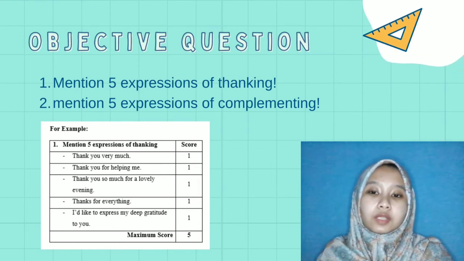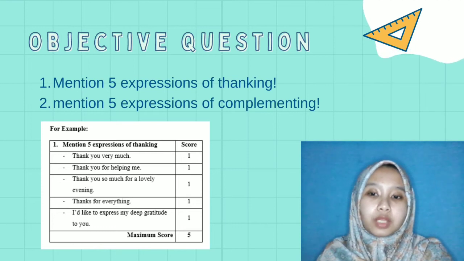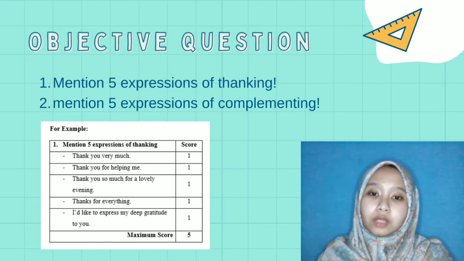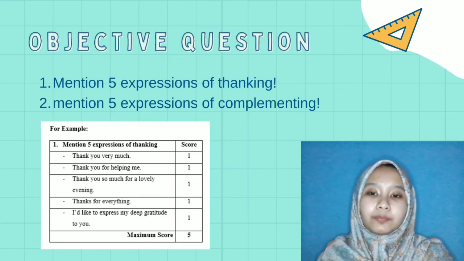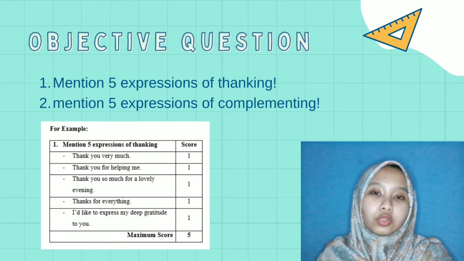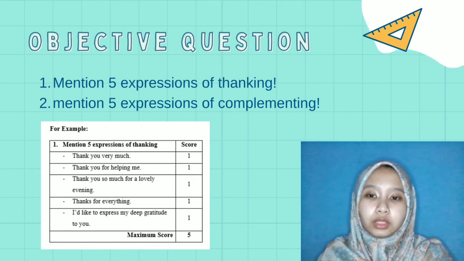Objective questions measure the ability of students to describe a certain concept according to the subject matter so that the scoring is carried out objectively. For example, here there are two questions where students are asked to mention 5 expressions of thanking and complimenting.